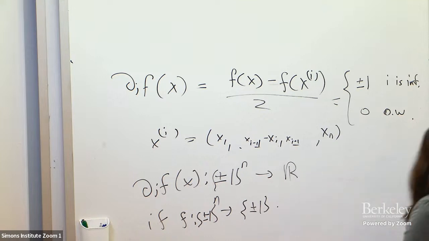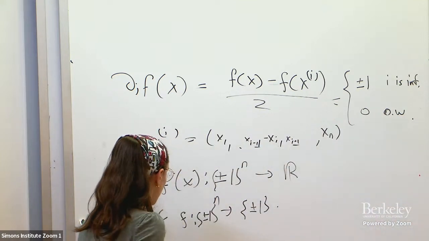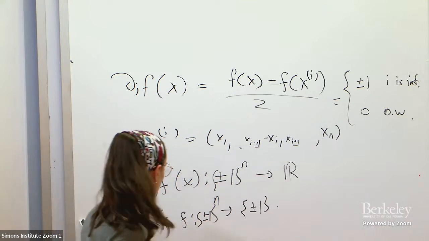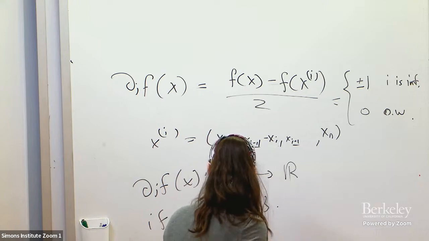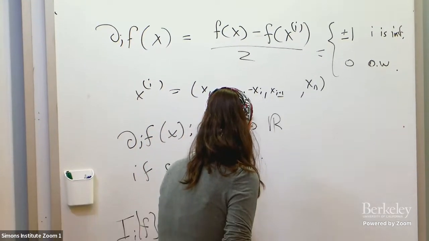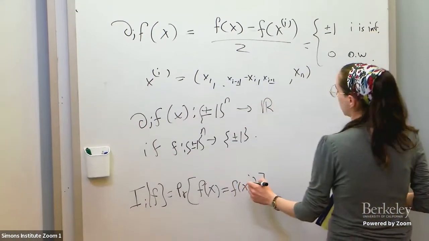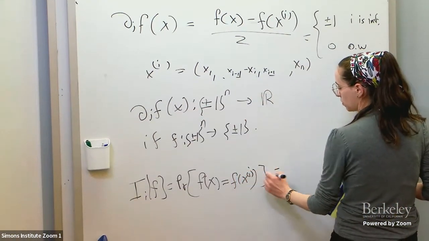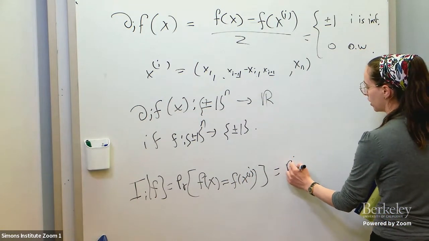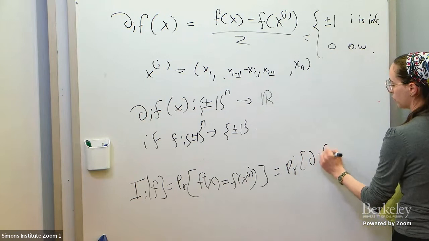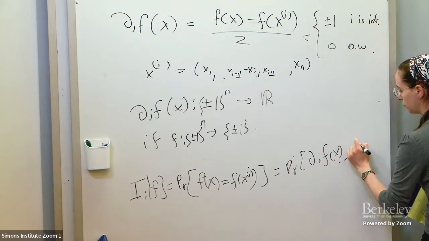So now if we think about the definition of the influence, it was the number of influential edges. This will be exactly the probability that f(x) is not the same as f(x) with the ith bit flipped, which becomes exactly the probability that the partial derivative is not zero.